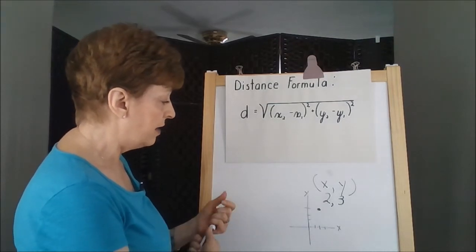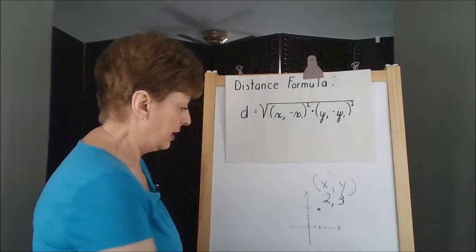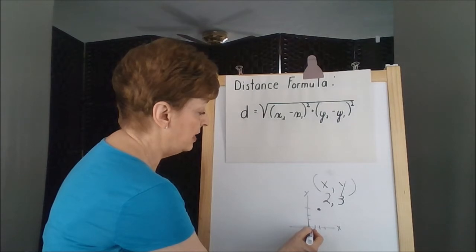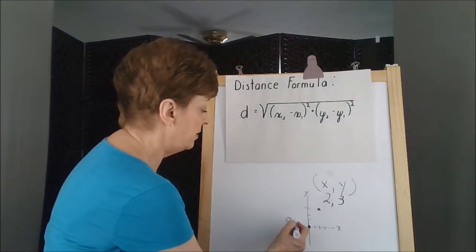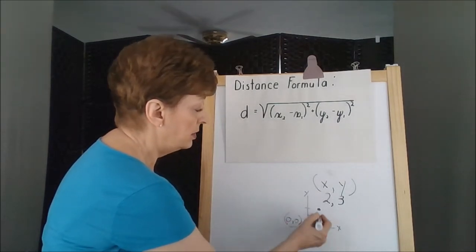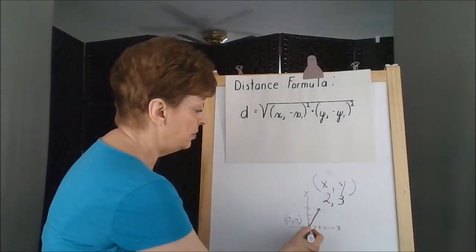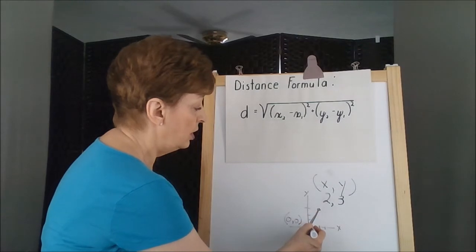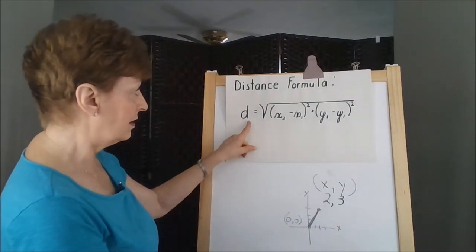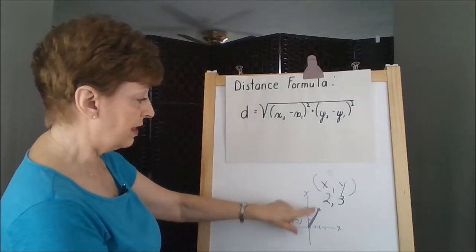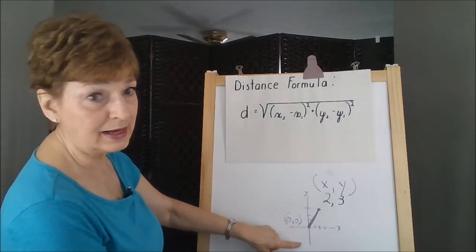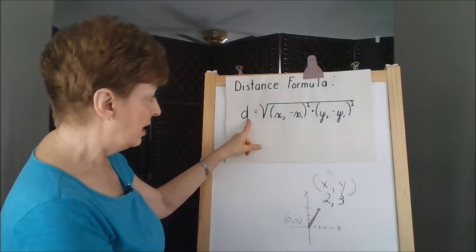Let's say that you have a line that goes from this point, the origin, which is 0, 0, to this point, 2, 3. If this is the line that you have, you're going to be able to tell the distance, how far that line is, the measure of that line, by using this formula.